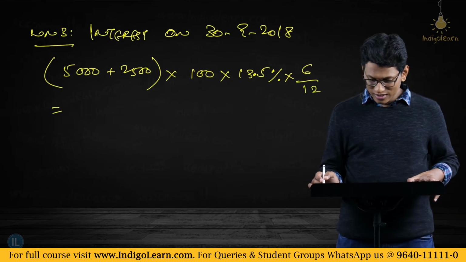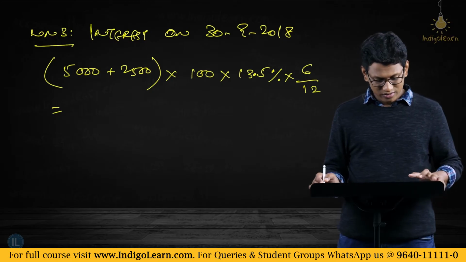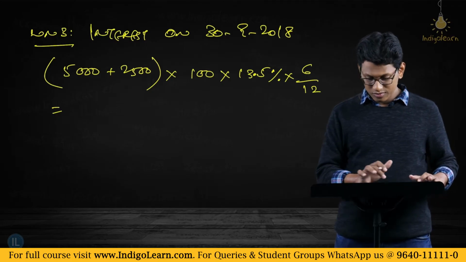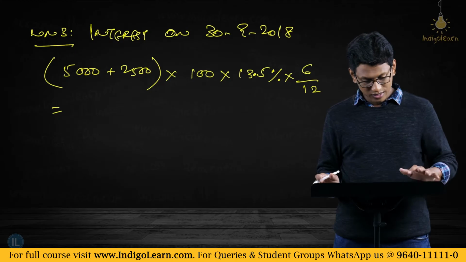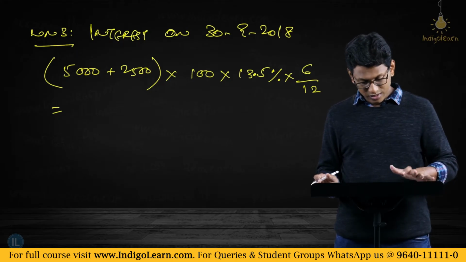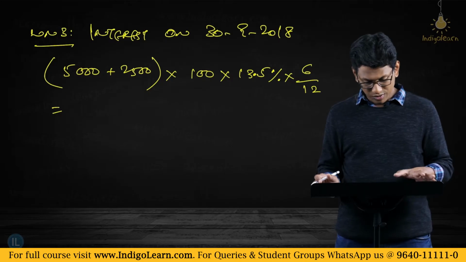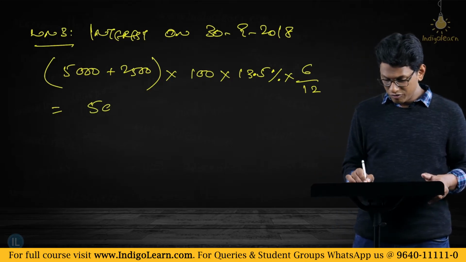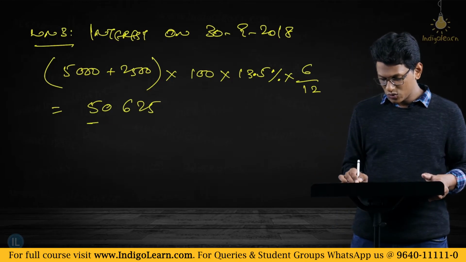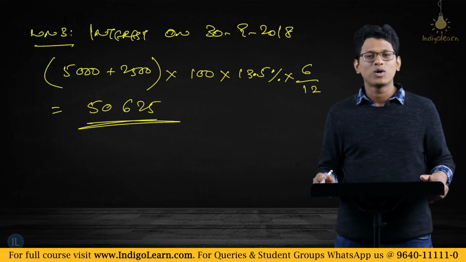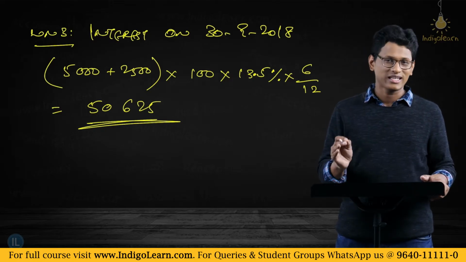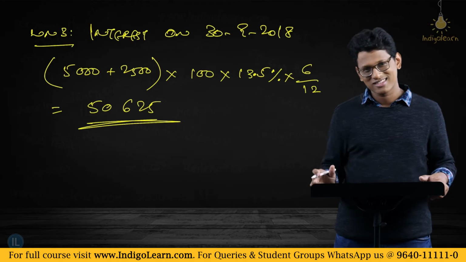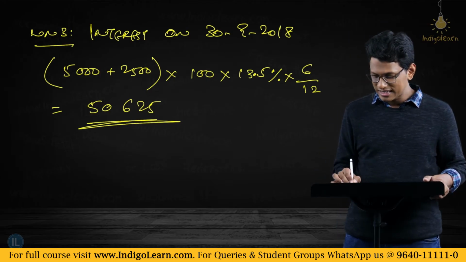So calculate 7,500 into 100 into 13.5% into 6 by 12. 50,625 is the amount of interest income for 6 months. This has to be considered as interest income.